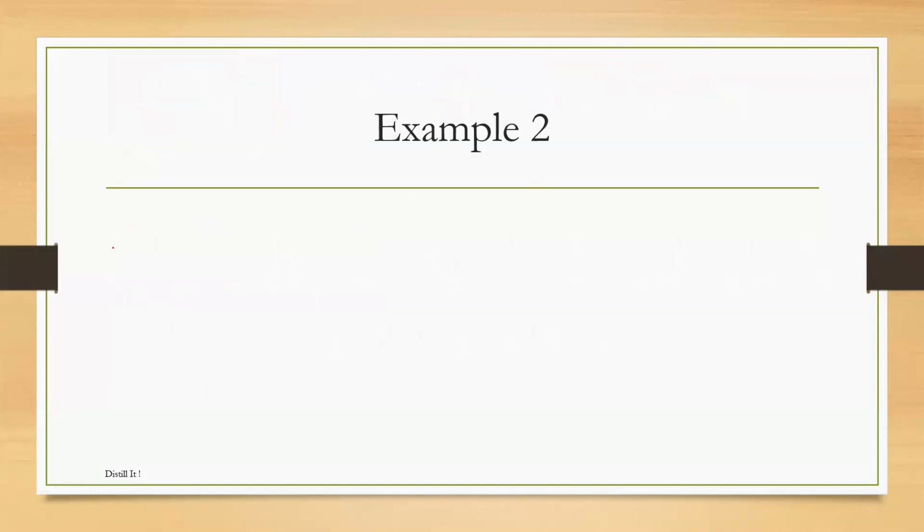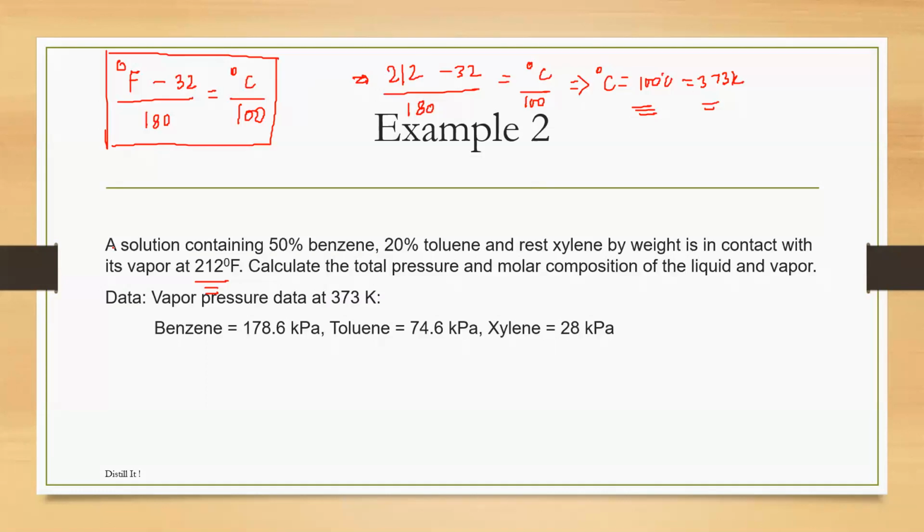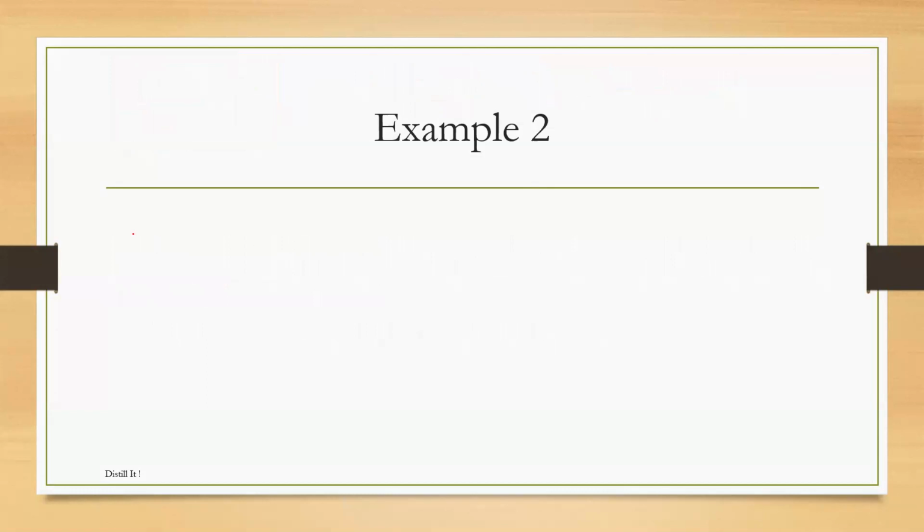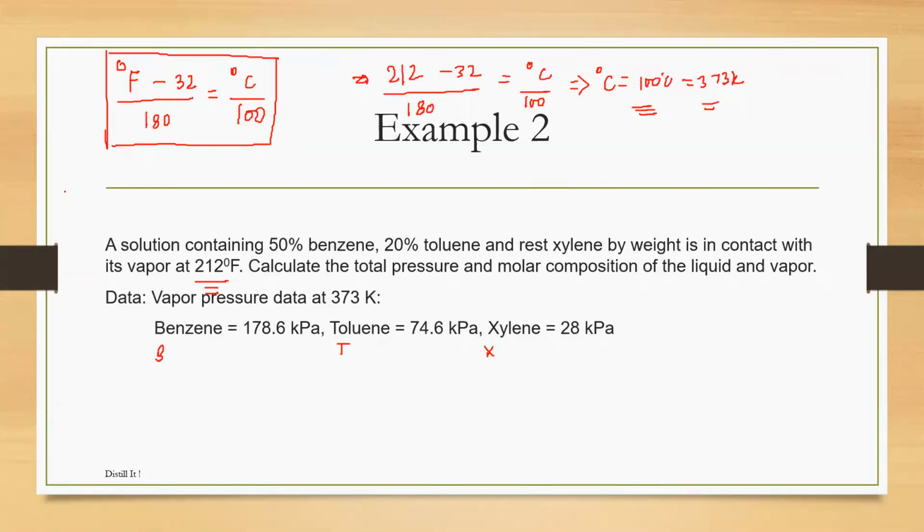So in the question, we have been given benzene, toluene, and xylene. So I'll be taking benzene as B, toluene as T, and xylene as X. So based on that, let's do the calculations. So I have the component. First of all, let's go with the liquid phase, since we have been given the liquid phase composition.